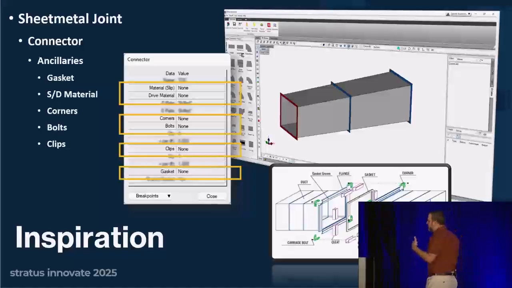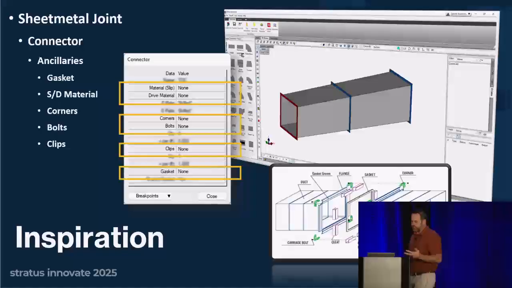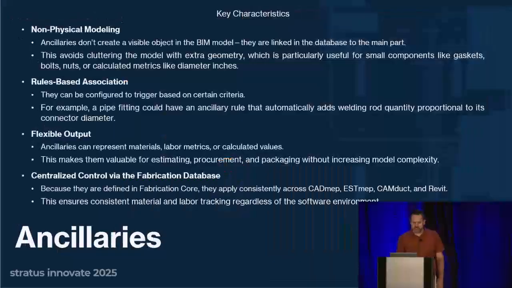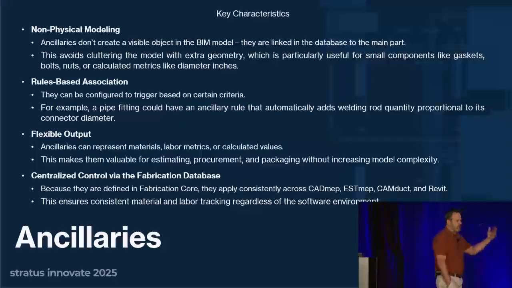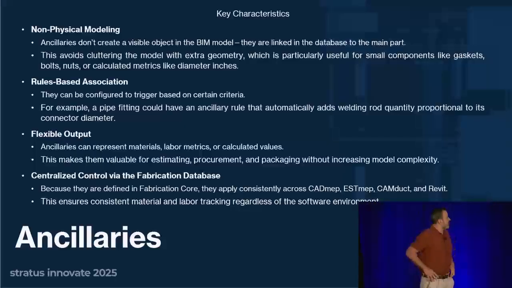Okay, so using this as the inspiration for what we're talking about today, we want to use ancillaries to calculate joints. I don't know if everybody in here knows what ancillaries are, so I'm just going to cover it real quick. Ancillaries are not physically modeled, okay? This is just metadata that is attached to an extra part.